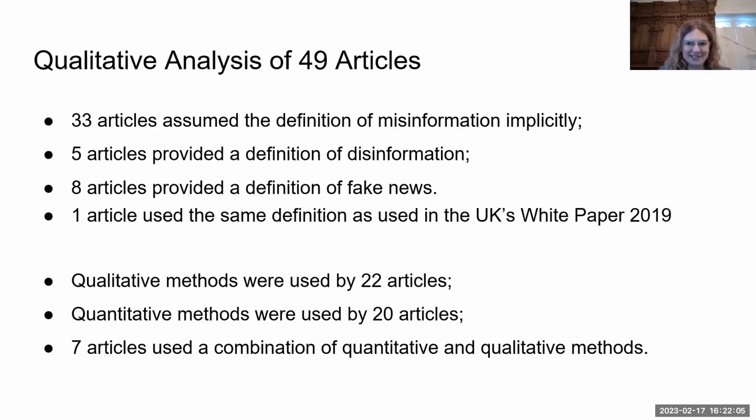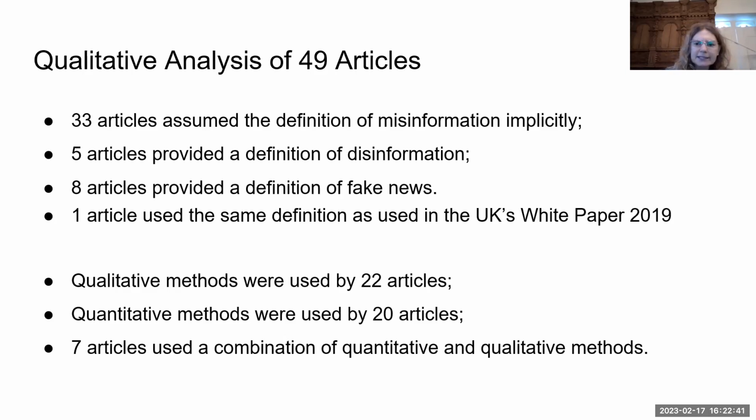Only 1 article used the same definition as used by the UK's Online Harms White Paper 2019, which I think was quite interesting. None of the articles analyzing misinformation noted the unintentional nature of misinformation, and this is obviously in line with the definitions provided by the government. This suggests a lack of understanding of the mechanisms and subtleties of misinformation in our view.